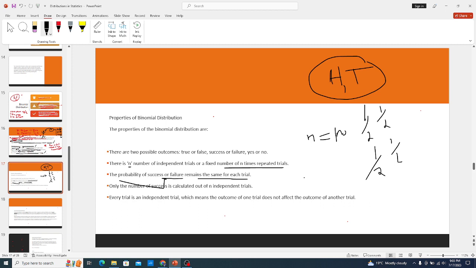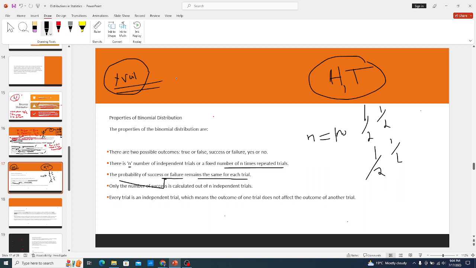So rolling a die is not a binomial experiment. Why?